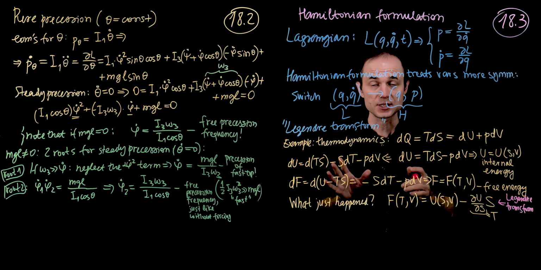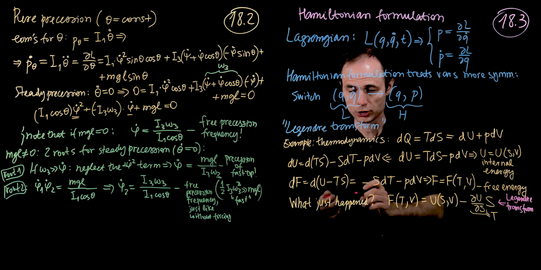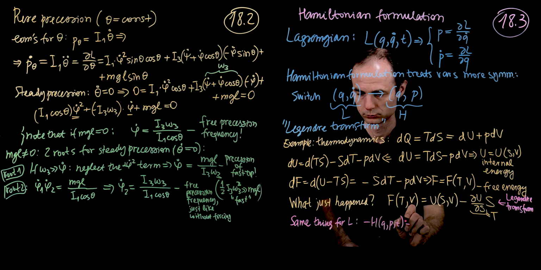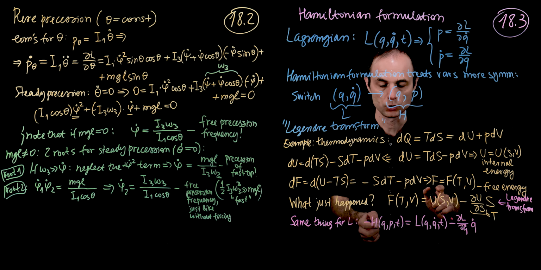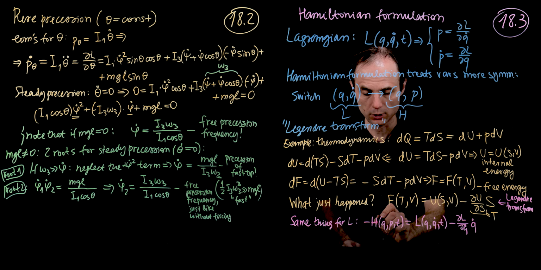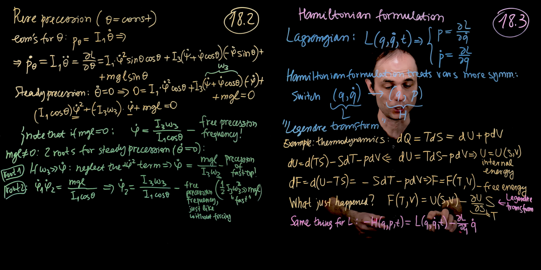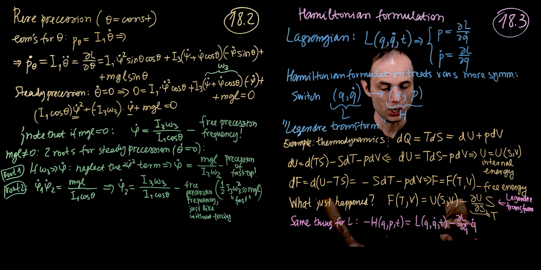We can do the same exact thing for the Lagrangian. So you can see that the Hamiltonian, or the negative of the Hamiltonian, will be equal to the Lagrangian minus dL/dq̇ times q̇.